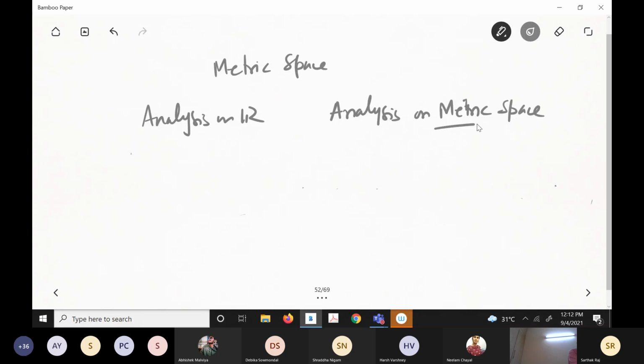Why it is called metric, I will tell you that. Here, initially, you have a non-empty set X, an arbitrary set X, and on it you give a concept of distance, D.